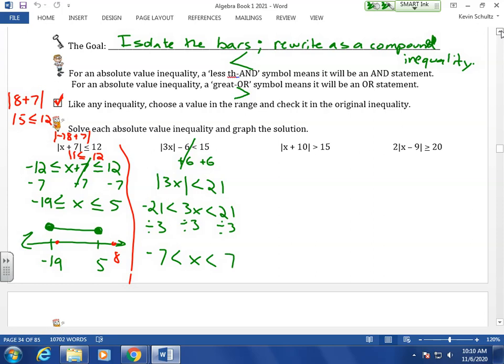Which means that if we pick any number between negative 7 and 7, and we multiply it by 3, it's going to be between negative 21 and positive 21. Okay? So our solution graph, negative 7, positive 7, open circles, connected. Okay? Questions on that one?